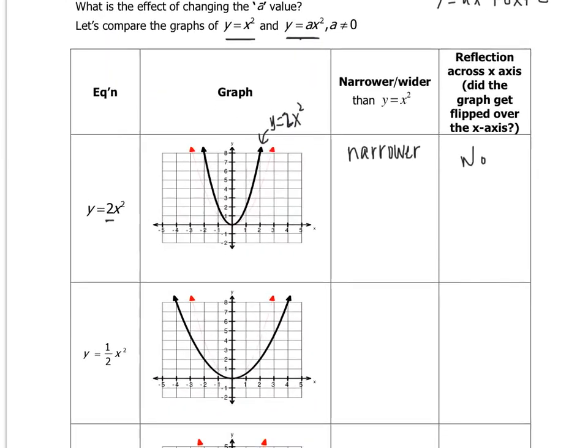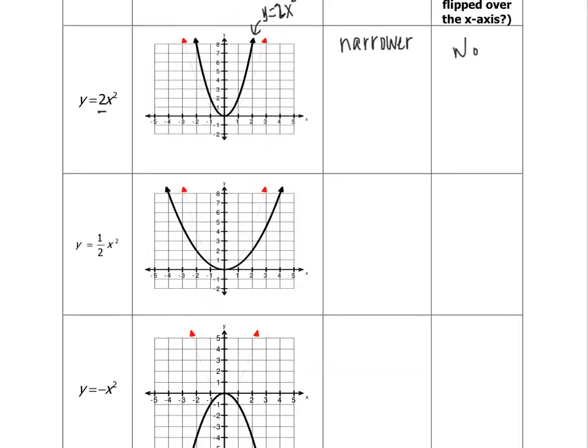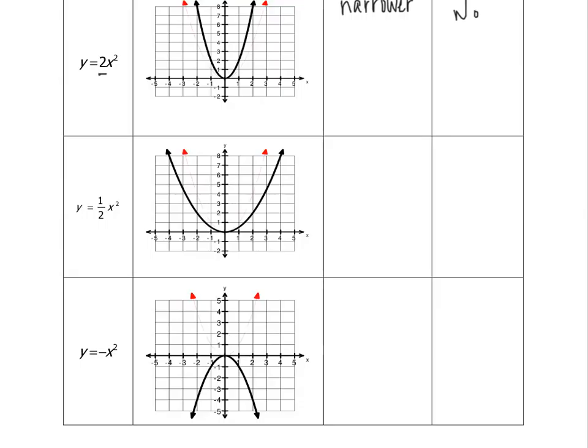What happens when the a value is a smaller number, smaller than 1? Well, in this case, the dark graph would be the graph of y equals a half x squared, and you compare it to the red graph, the original y equals x squared. I would say it would be wider, but still no reflection.